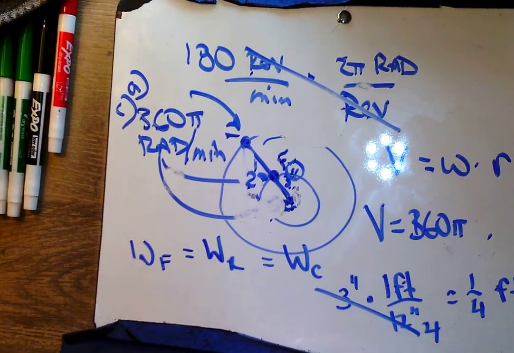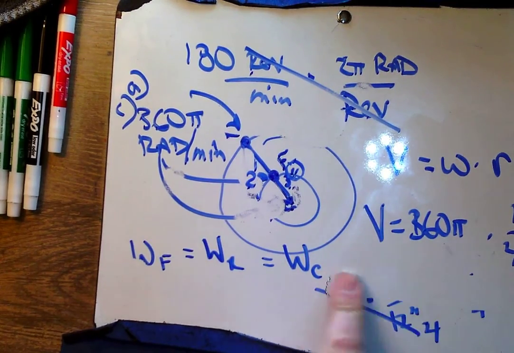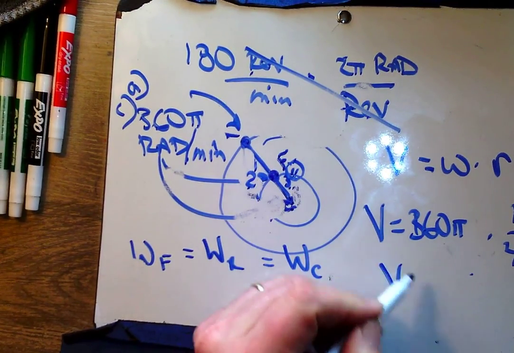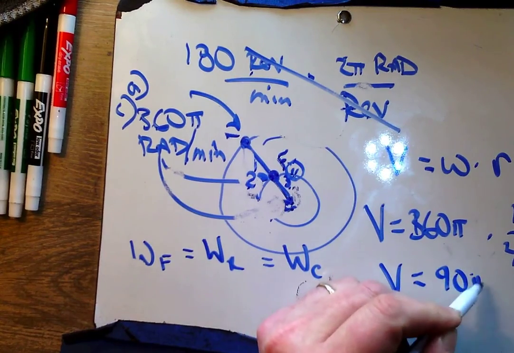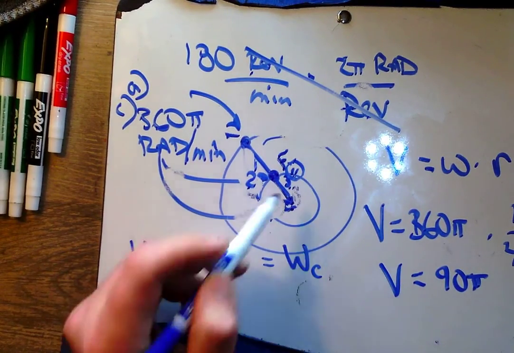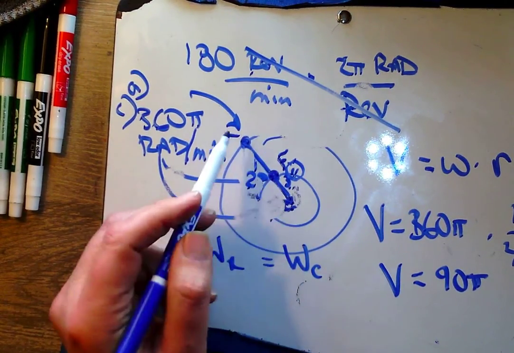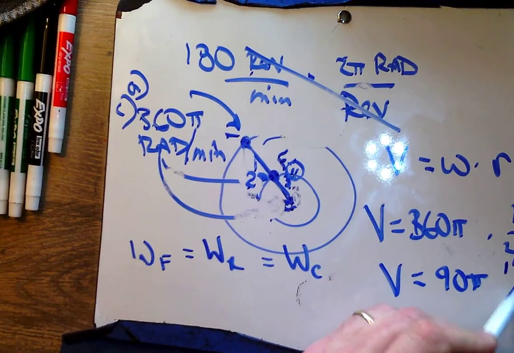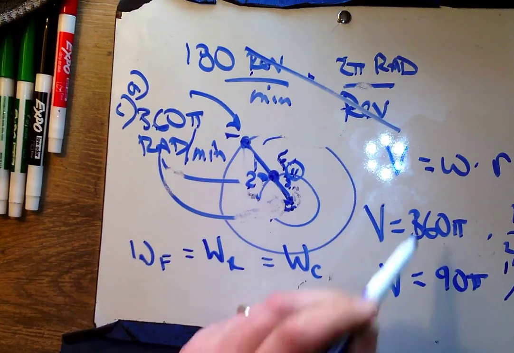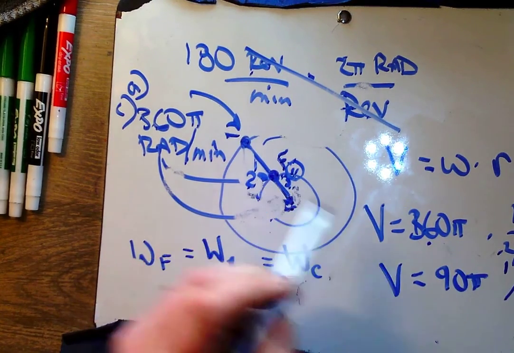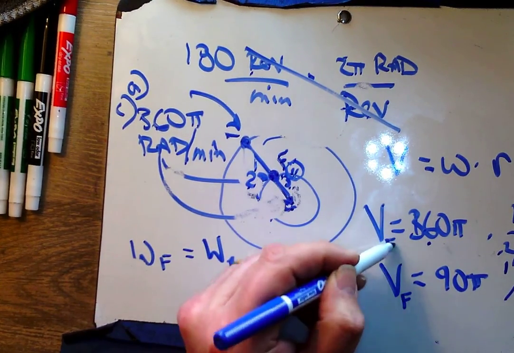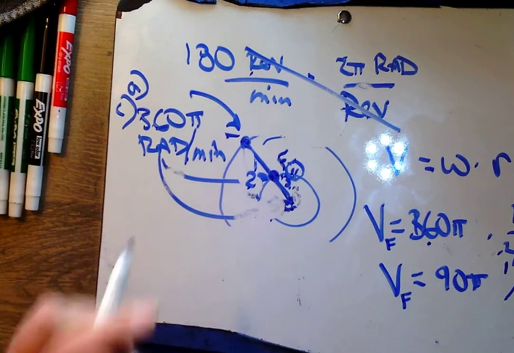And why would I like to use that? Well, 1/4 of 360, yeah, I don't need to get my calculator. That's just 90 pi. And what were the units here for radius? Oh, feet. This is feet per minute. So this 1/4 is the feather. But what about the rock?